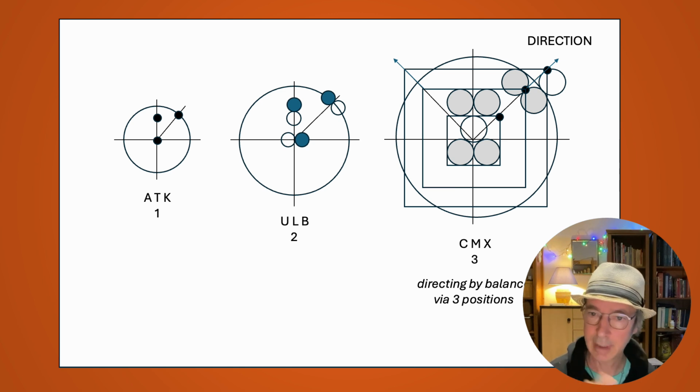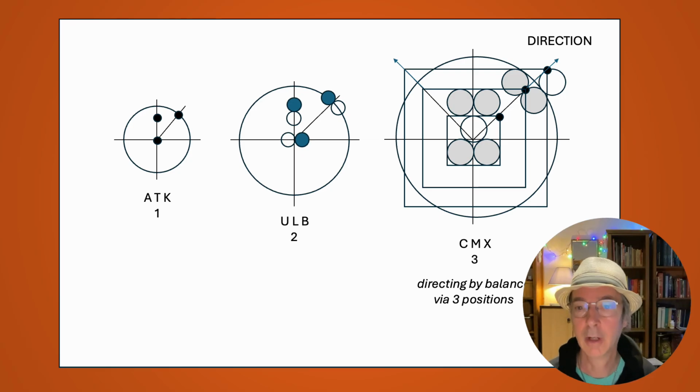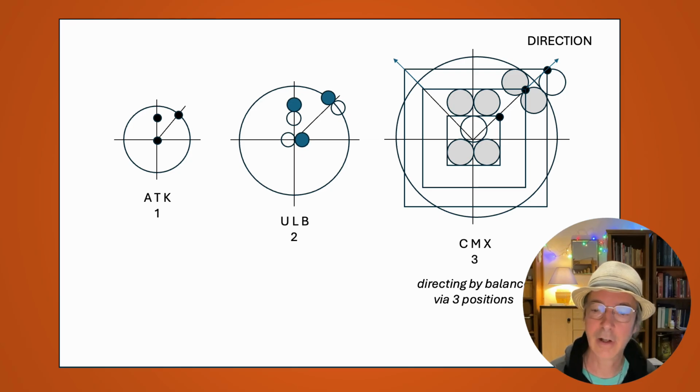You want to have a balance, so the focus point is not in one position, not in two positions, but in three positions of choice. So you try to direct this unsteadiness into one of these positions.